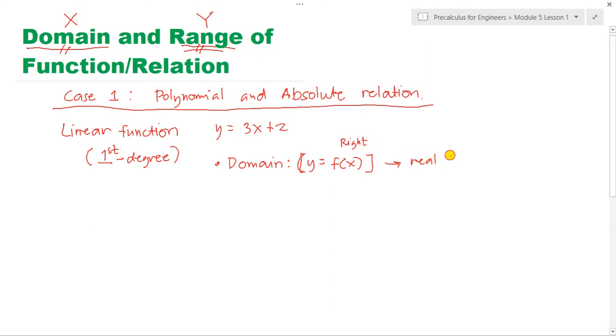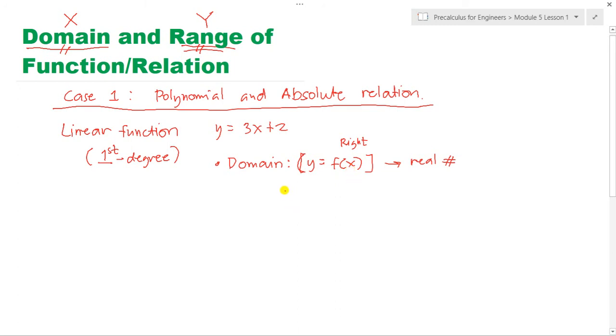So meaning real number na siya dapat. Dili pwede nga mag-imaginary. If mag-imaginary, meaning our function now is dili na siya real function. So dili ta pwede, we need to eliminate that one. Again, see to it that the right side of your function is a real number or a real entity.